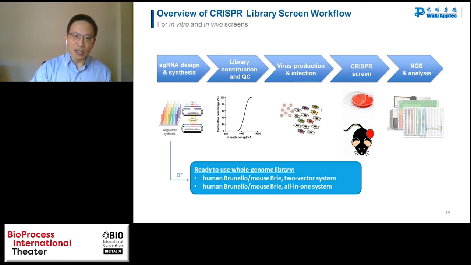At WuXi, we typically follow this screen flowchart to perform our screening. We can start with a design of a focused guide RNA library, construct the library, produce the virus, and perform the screening in-house, as well as the NGS and final data analysis.